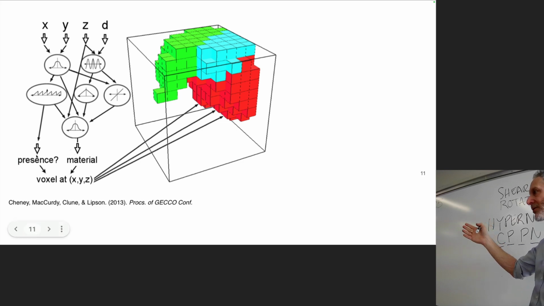Basically, threshold it. If that raw value is negative, set that neuron to 0. If the raw sum arriving at that neuron is positive, set that neuron to 1. So this particular output neuron is going to dictate whether or not to drop a voxel at that location.